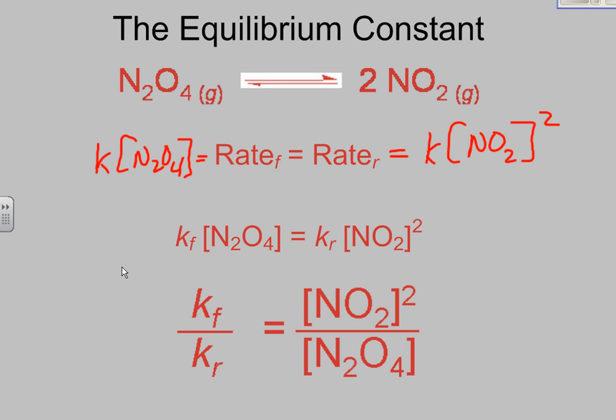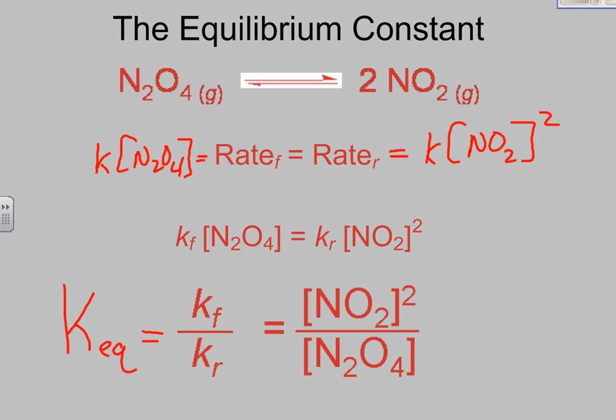In this case, it's going to work out that that's possible, and we'll see the generalization of this idea in just a moment. When we take those two constants and put them together, basically what we're creating is what's called the equilibrium constant, the Keq.